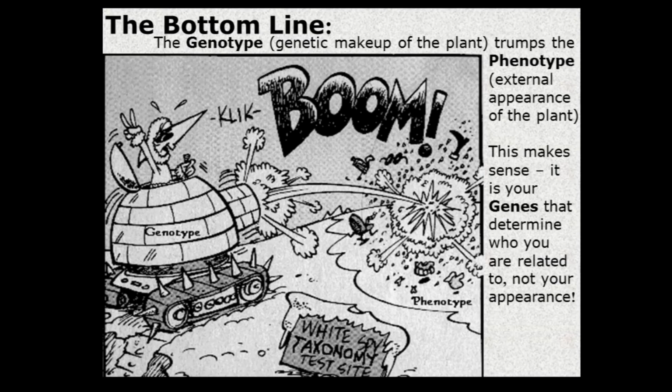Right there, smack in the middle of the irises. So its flowers are a bit funny, and so are the fruits, but it's an iris. There it is. Bottom line, it's your genes that matter, not your phenotype, not your external appearance.